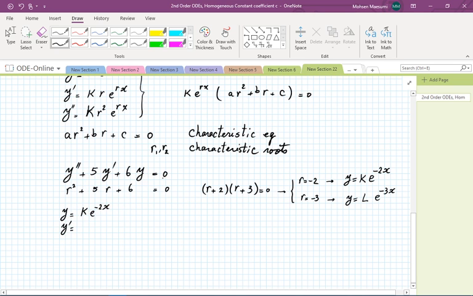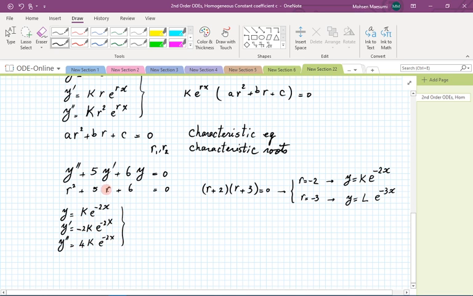So the derivative is minus 2k. And the second derivative, minus 2 times minus 2, that becomes 4k exponential of minus 2x.